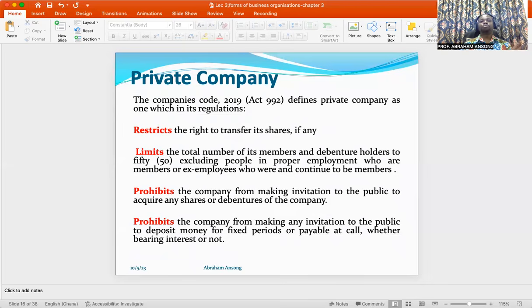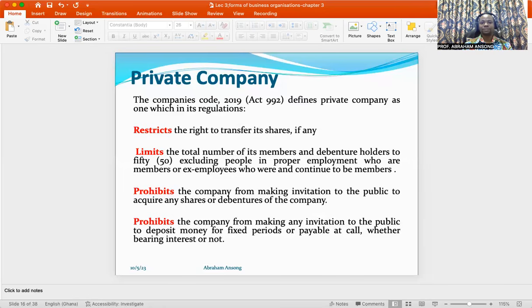All right, so it is important for us to know the meaning of a private company. Once we understand that, then we can know all other companies that do not have those attributes can be classified as public companies.